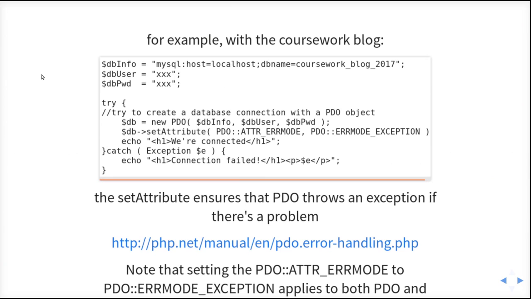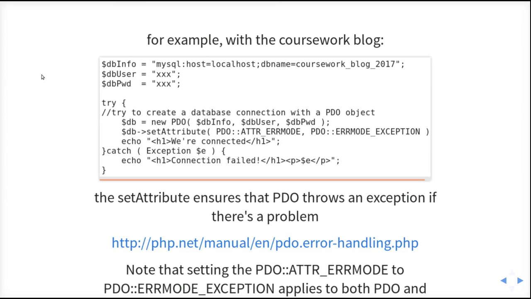We'll have a look at this carefully. We're establishing the attributes of a MySQL database on the local host with this certain name. We're giving the username and the password, and then we create a new database handle, $DB.